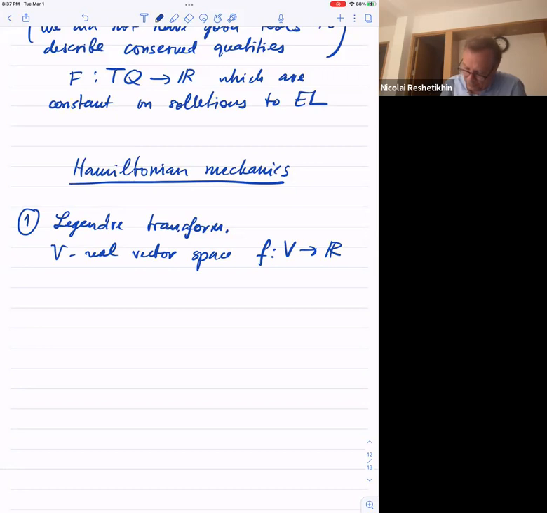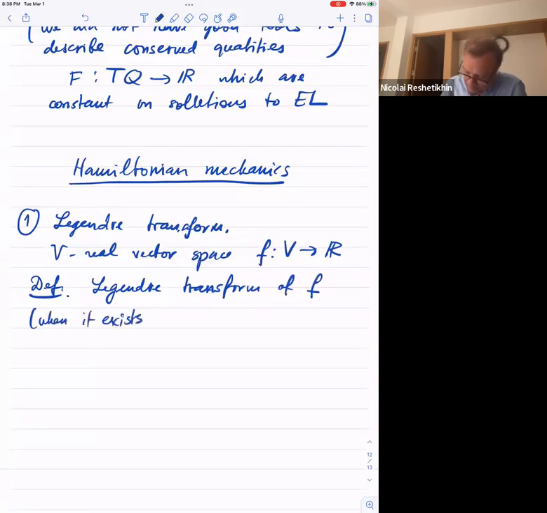Definition: the Legendre transform of f, when it exists, is the function on the dual vector space defined in this way.